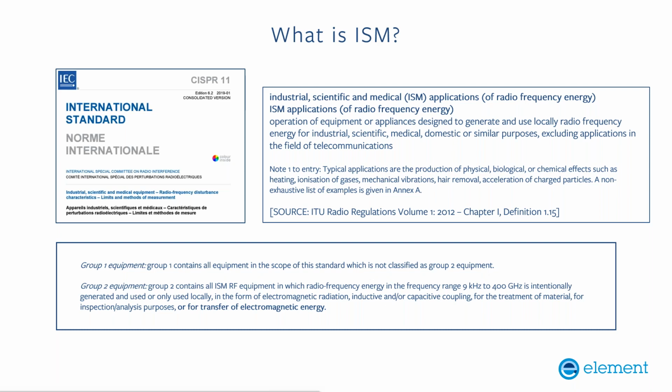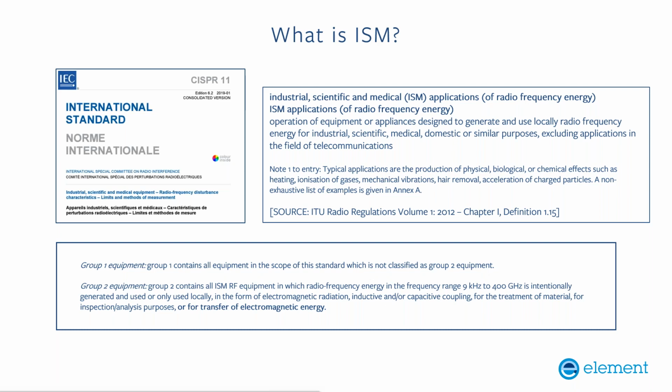Why is CISPR 11 important? The answer is because many of the different EMC requirements around the world get their requirements and base those requirements on CISPR 11 itself. So for example, in the US, Part 18 of the FCC rules is written in a very similar way to CISPR 11.